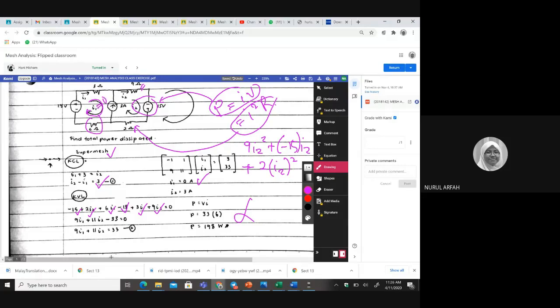Okay, and this one also 0 because minus 18 volt, minus 18 volt into 0. So you should have a 0 there. And then this is the answer. What is 9 into I2 square? You have 81, right? 81. And then you have minus 15 into I2, or 15 into 3.